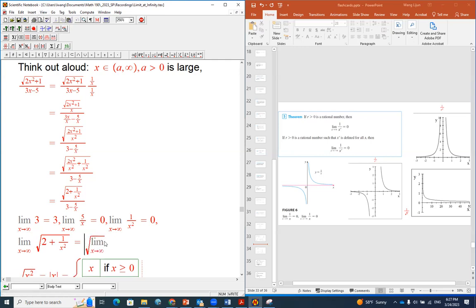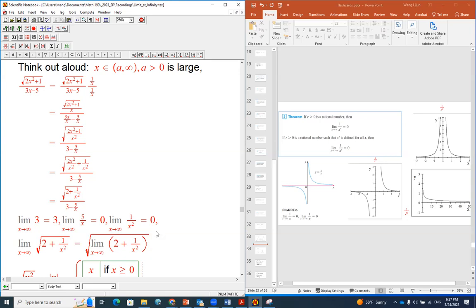We apply that property of limits: we have a composite function, and the outside function is continuous. So this piece is going to go there.